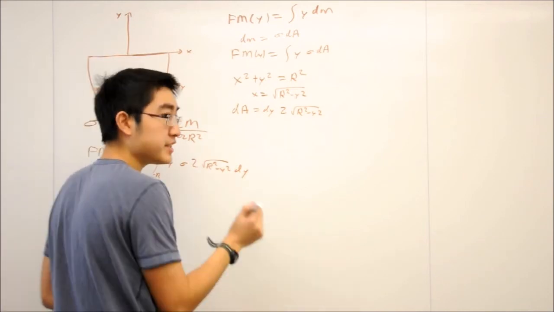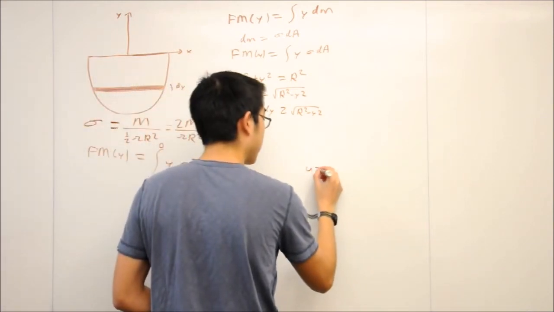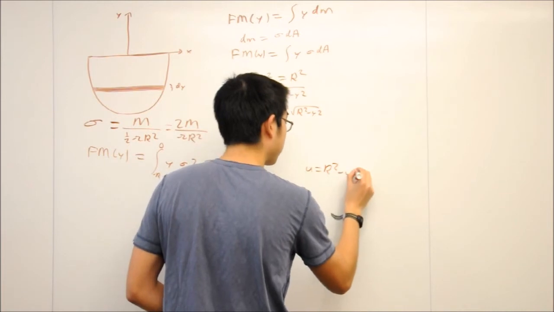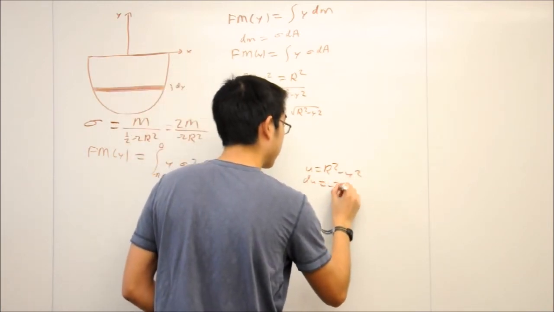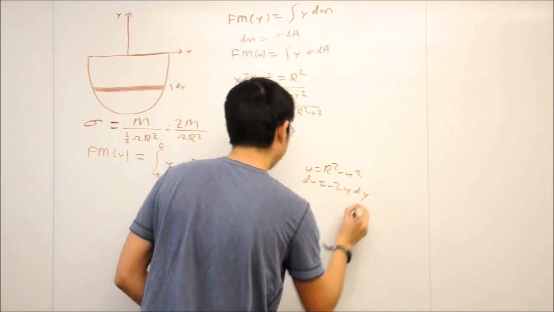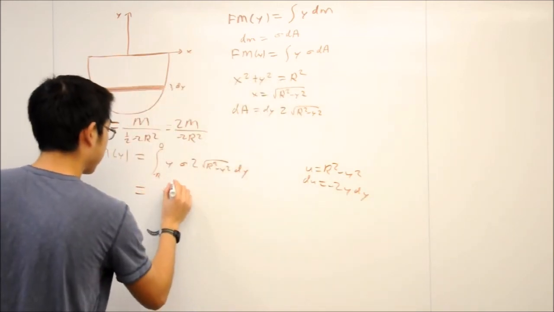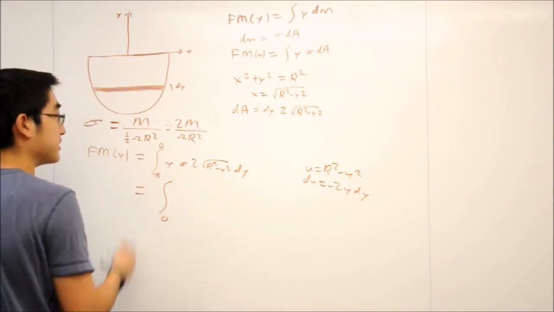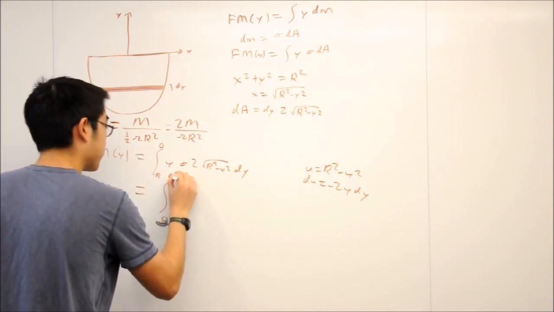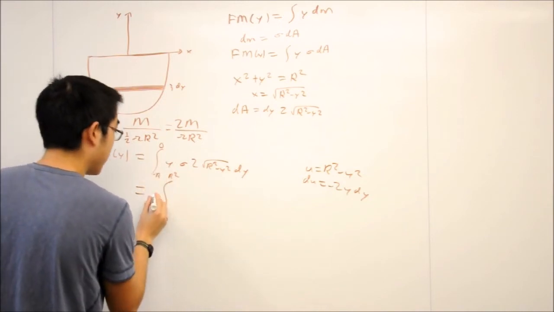Now, let us substitute in u equals big R squared minus y squared to make this simpler, which means that du is equal to negative 2 times y dy. So our integral becomes, well, when y is negative R, u is 0, and when y is 0, u is big R squared.